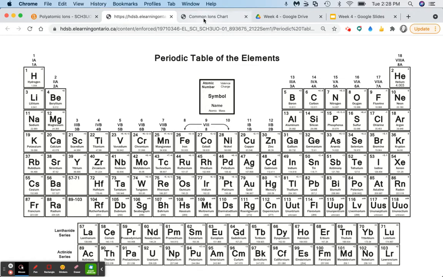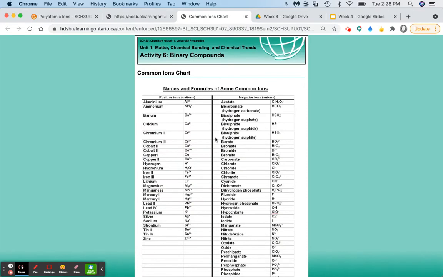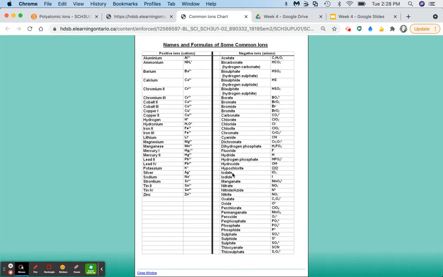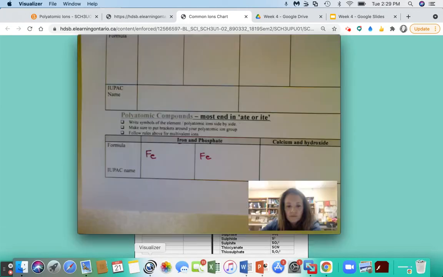When I look at phosphate, this is where I take a look at my polyatomic worksheet. Here's a whole bunch of different ions. Phosphate is right here, and phosphate is PO4 with a charge of -3. So what do I do now?